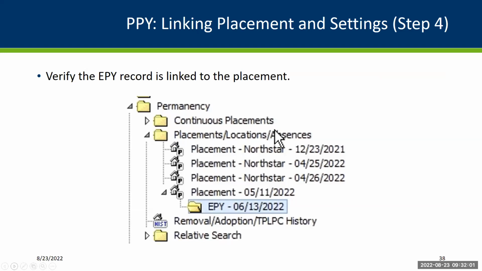The fourth step to linking the placement is to go back and verify that the placement has been linked. To do that, you would access the permanency folder, expand the placement location and absences folder, go under the appropriate placement on your tree view, expand that folder, and you should see an EPY folder, and the folder will have the date that you actually linked the placement and setting record to the EPY record.